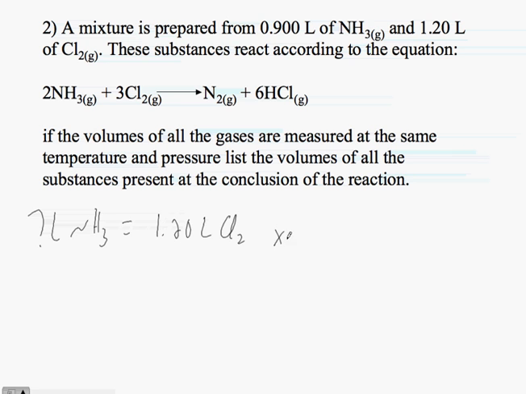I'm going to convert my liters of Cl2 into moles of Cl2, for every 22.4 liters of Cl2. Then I convert my moles of Cl2 into moles of ammonia, which comes from my balanced chemical equation. It tells me that for every 2 moles of ammonia, I have 3 moles of Cl2.